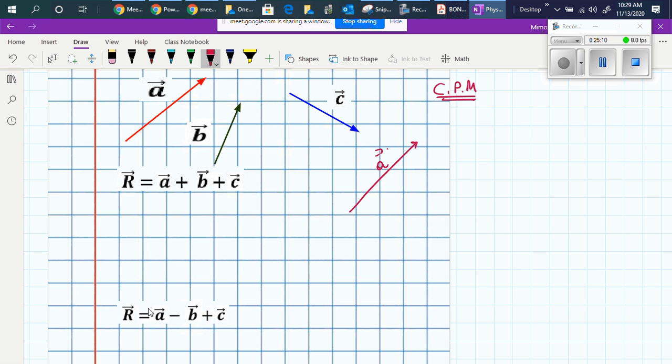Then at the tip of vector A, we add vector B. At the tip of vector B, we add vector C. And the vector that closes the polygon, starting at the starting point and ending at the end point, is the resultant vector. This is the resultant vector, A plus B plus C.